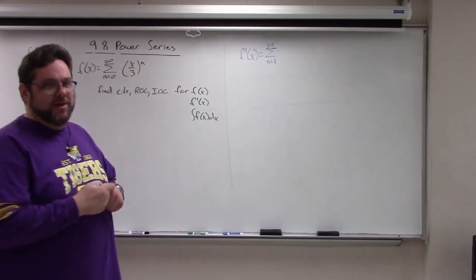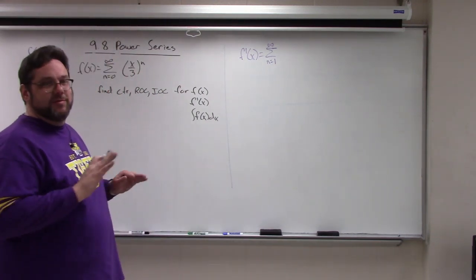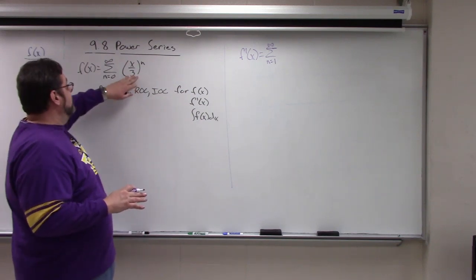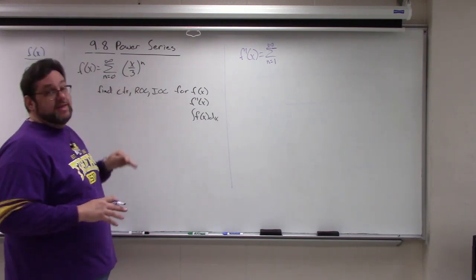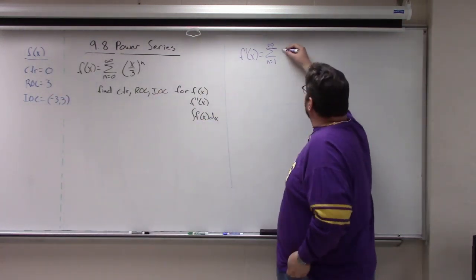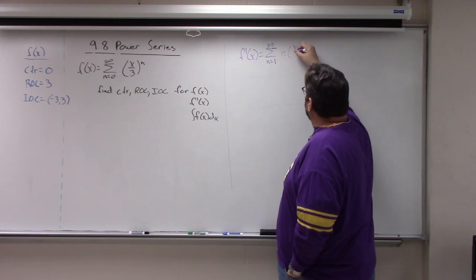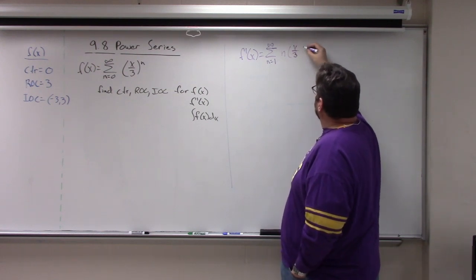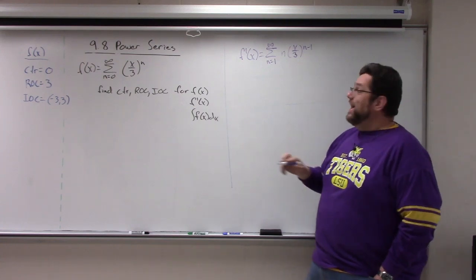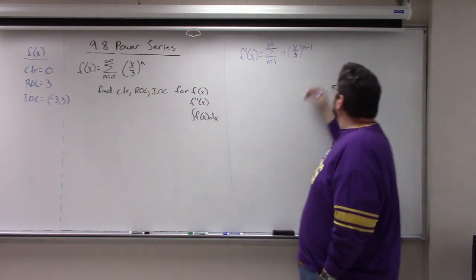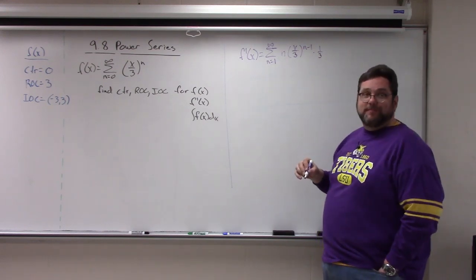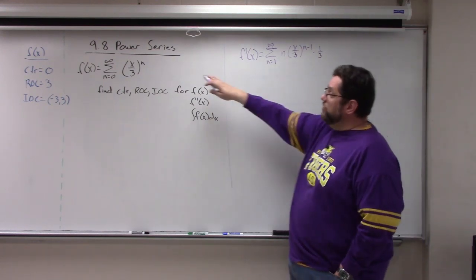I left a step out in my notes, so I was a little confused. It's right. Basically, we're taking the derivative of x over 3 to the n. And we know, power rule, it's n times x over 3 to the n minus 1. But by the chain rule, I have to take the derivative of x over 3 times 1/3.